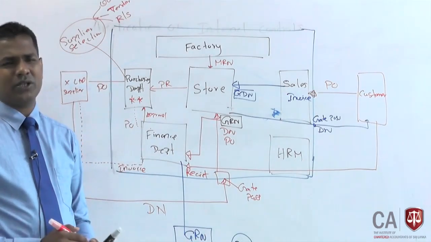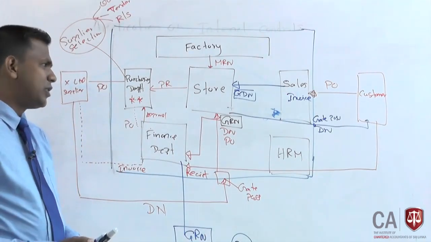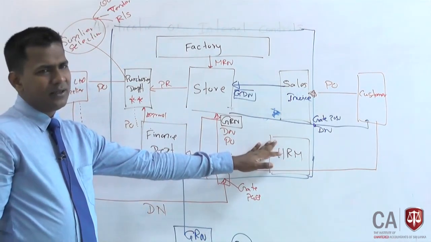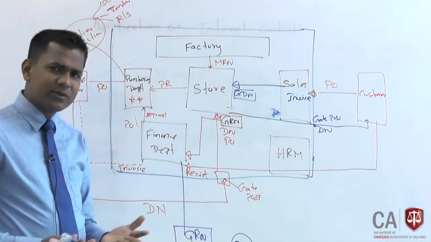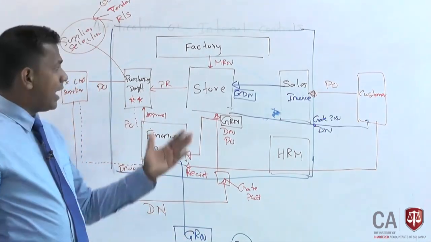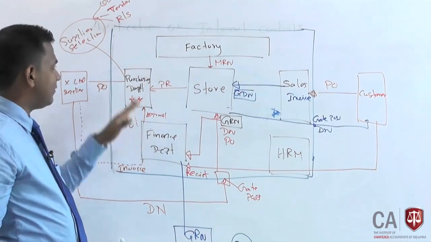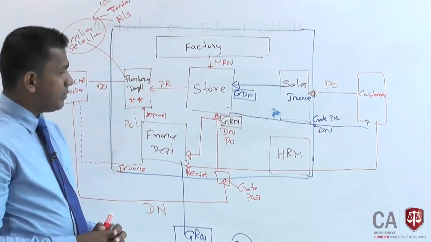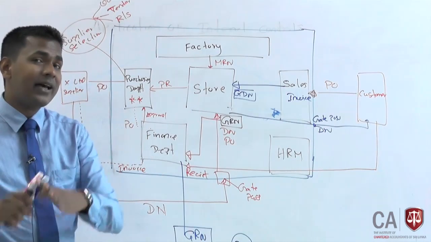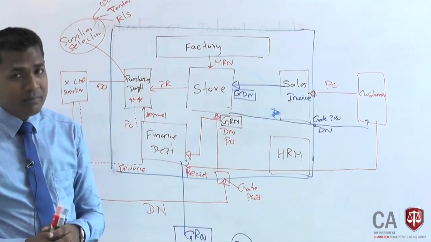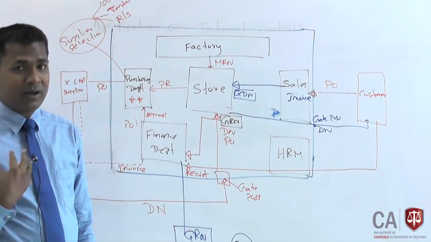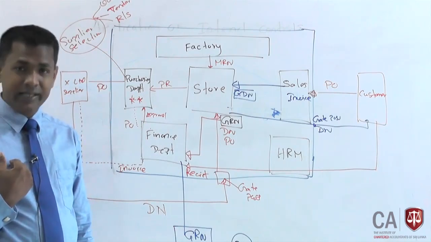Those are very simple internal control applications. In addition, there is a human resource management department, which also functions in terms of payroll processing, and there are store, factory, purchasing, finance, IT, and so many other departments in a business organization, and there are internal controls for them as well. But what is our focus in CL1, or as auditors?